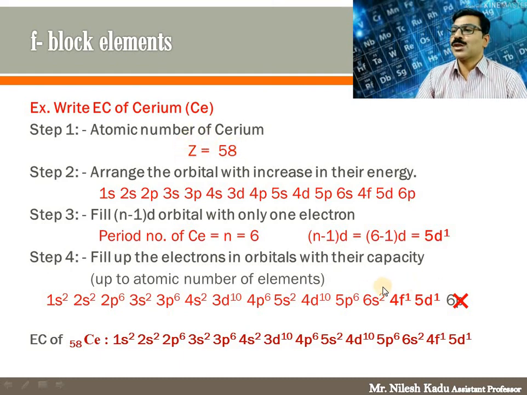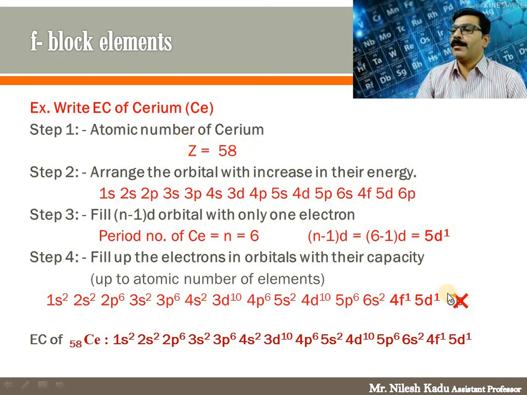So 1 electron is remaining and it is present in the 4f orbital. Means you have to fill the 4f orbital after the 5d orbital, and the 4f orbital contains the 1 remaining electron, and the total number of electrons is 58, and 58 is the atomic number of cerium.